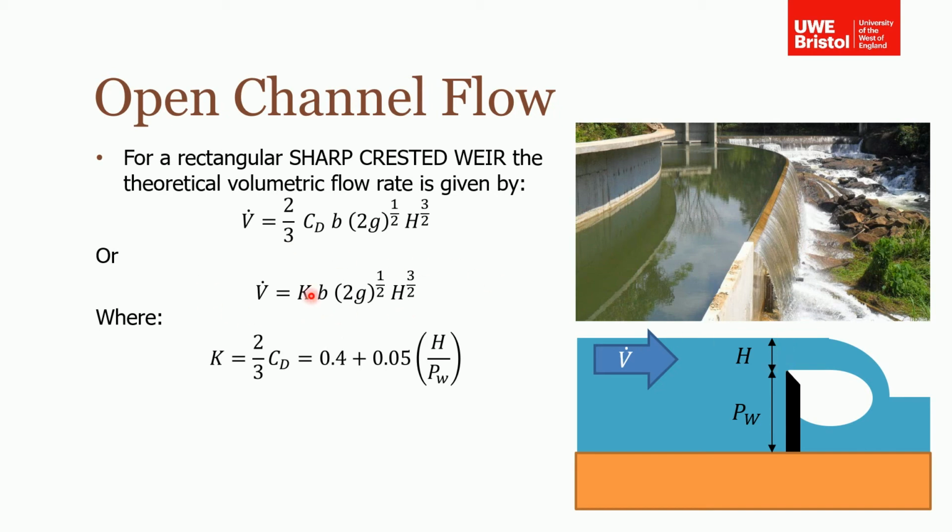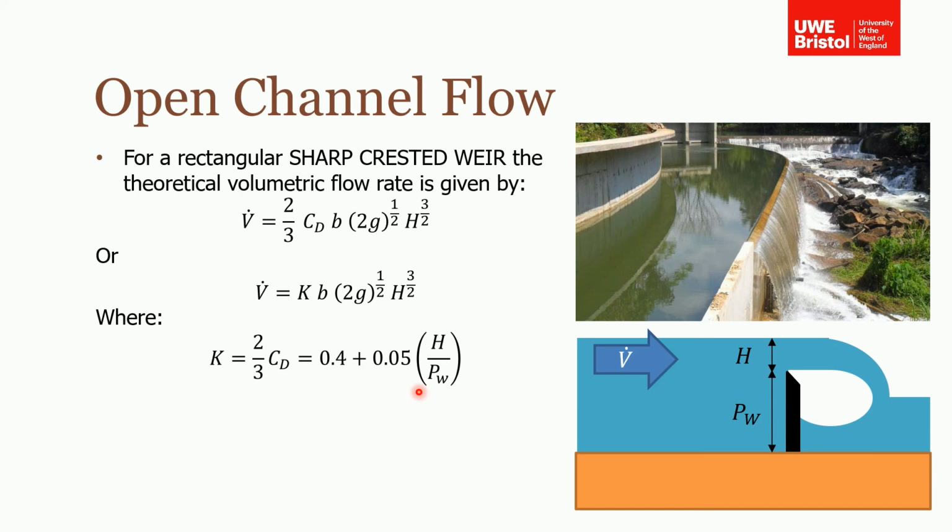Now here the discharge coefficient is actually found to be a function of the geometry of the weir, so the height of the water above the weir, h, to Pw, which is the actual height of the weir. Again, you don't need to worry where this came from. This would have been derived empirically.